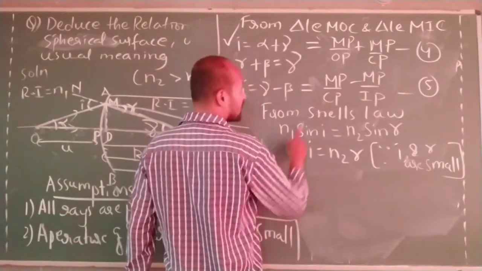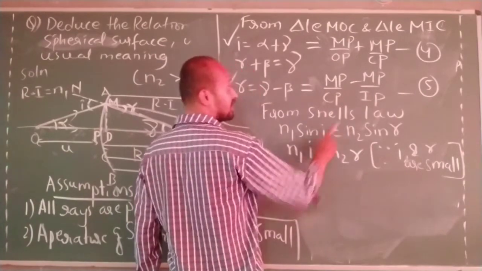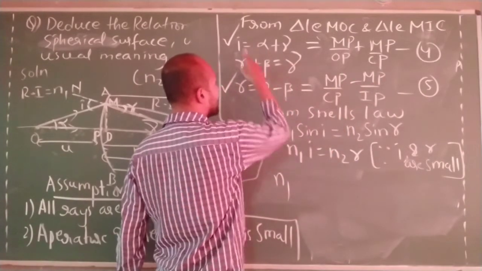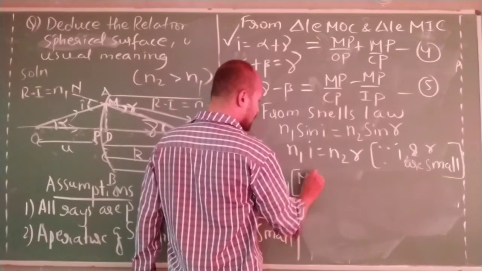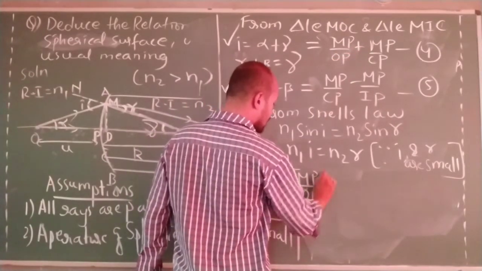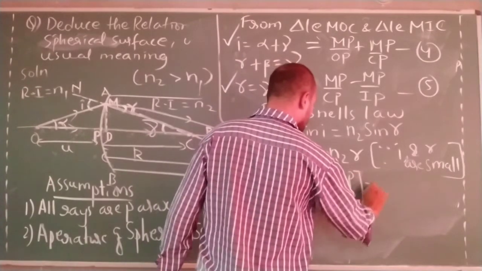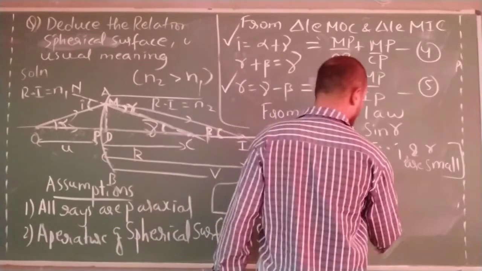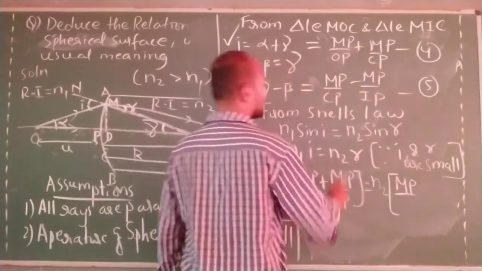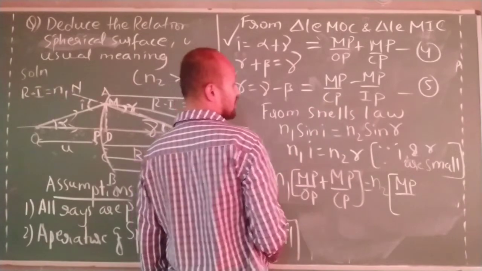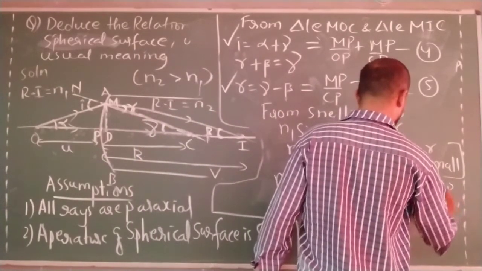From equations 4 and 5, what can I write? I is MP by OP plus MP by CP, which will be equal to N2 into MP by CP minus MP by IP.